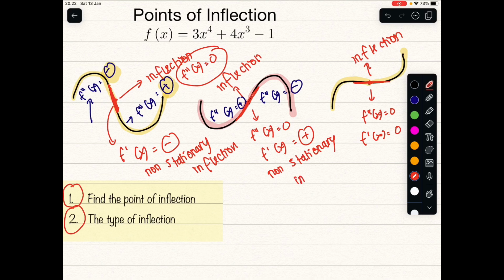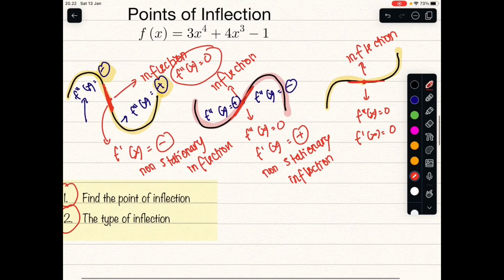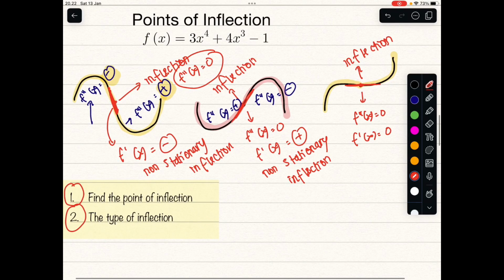So when the first derivative is either negative or positive, then it's non-stationary inflection. But when the first derivative is 0, or the inflection point is at a line that's horizontal, it's called stationary inflection.